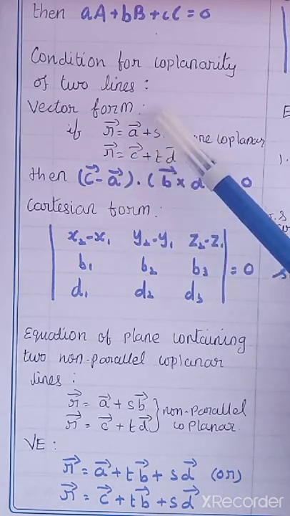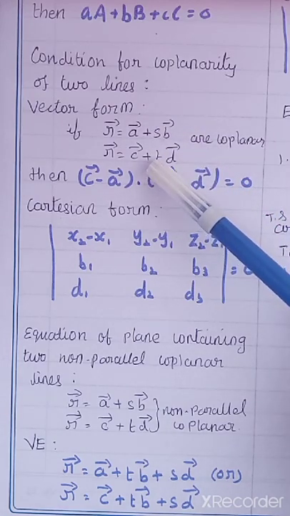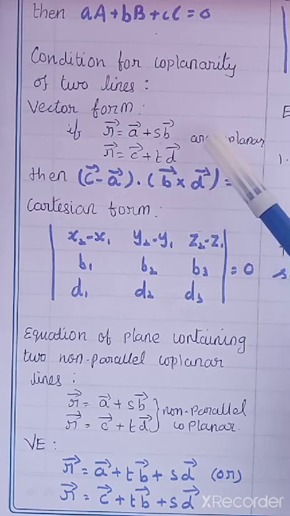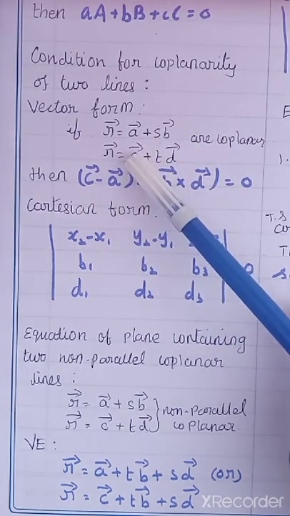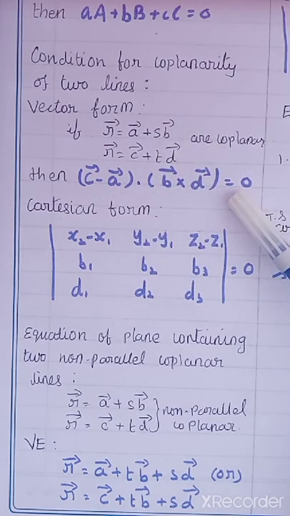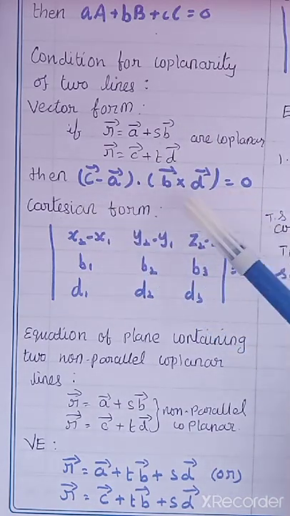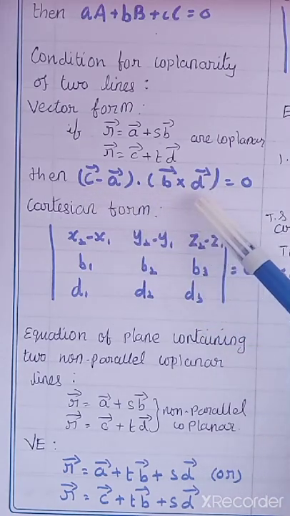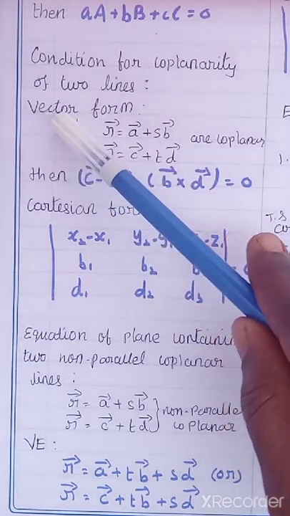We say these two lines are coplanar if (c minus a) dot (b cross d) equals 0. This is the condition, and this is your vector form.